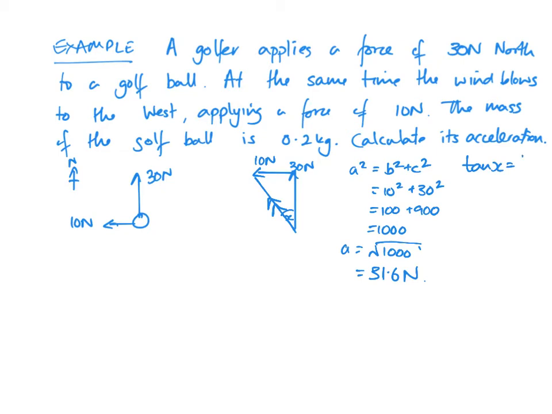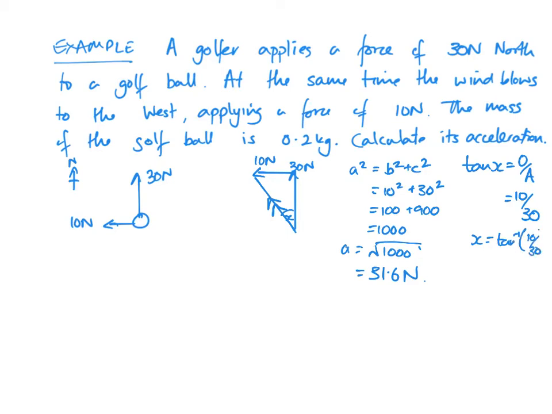And tan X is opposite over adjacent. 10 is opposite, 30 is adjacent. And tan X is 1 over 3, so X is tan to the minus 1.